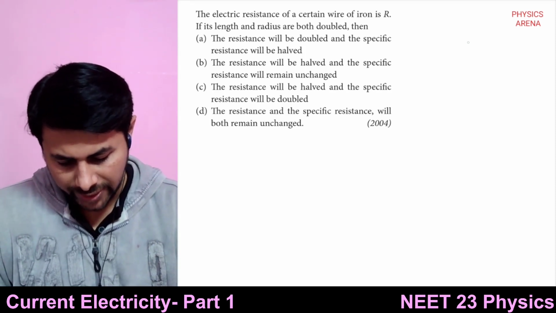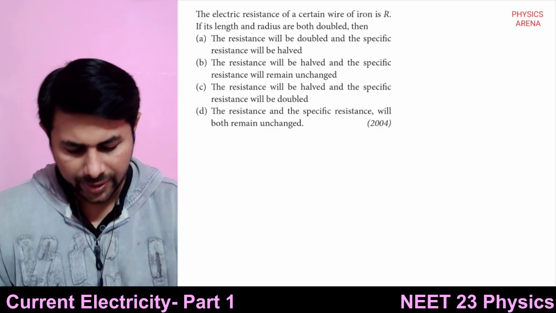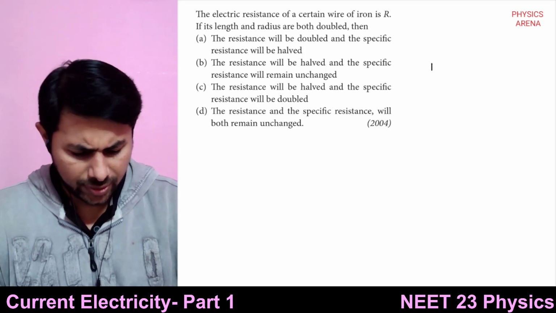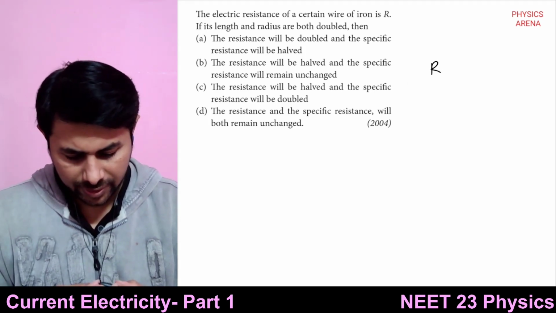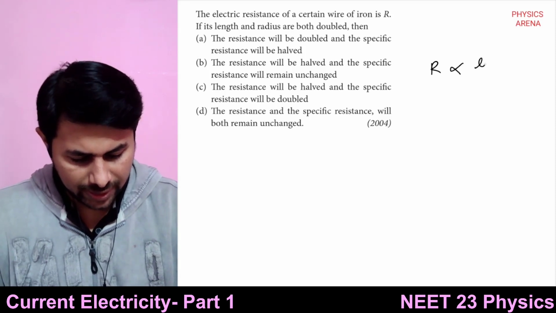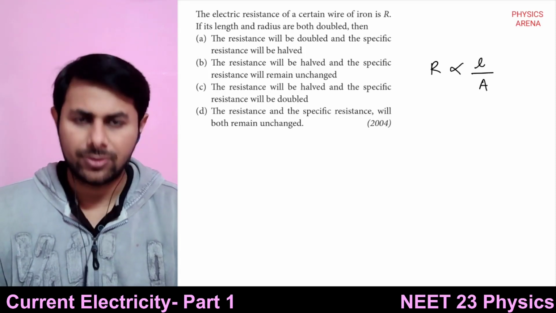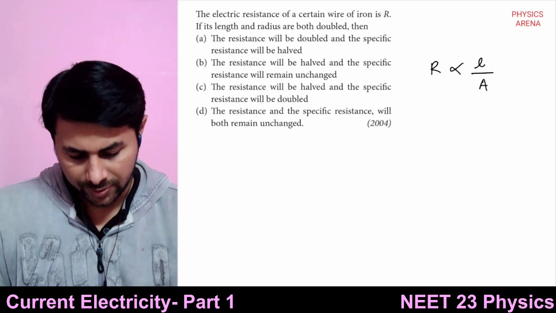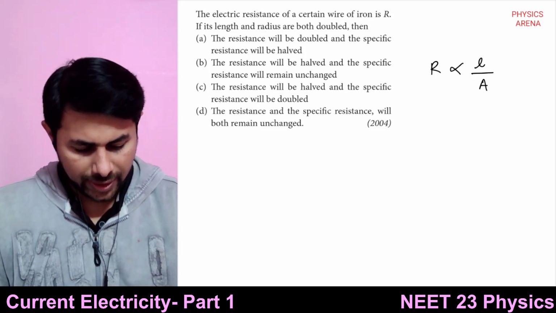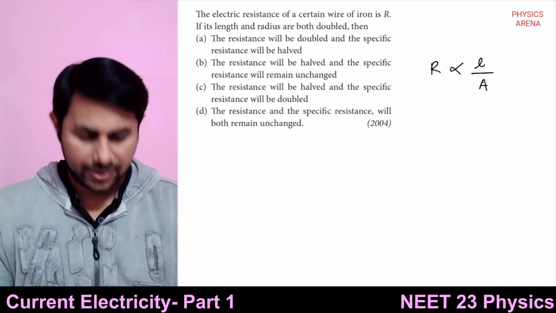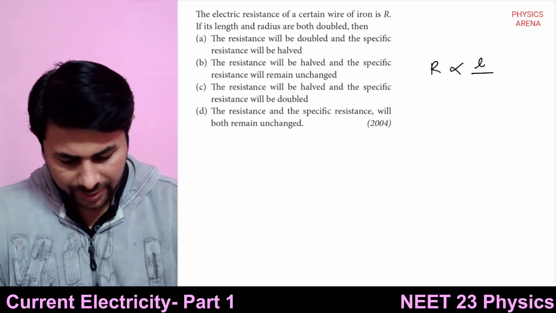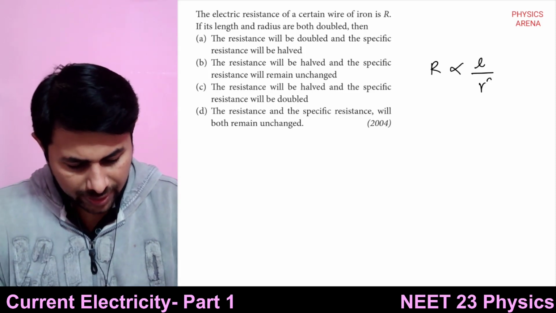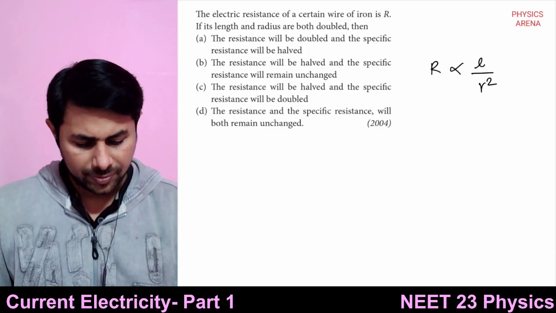So what's happening? Length is doubled, radius is doubled. Resistance is directly proportional to the length, inversely proportional to area of cross section. Area of cross section is equal to pi r square, so it is inversely proportional to r square because pi is constant.